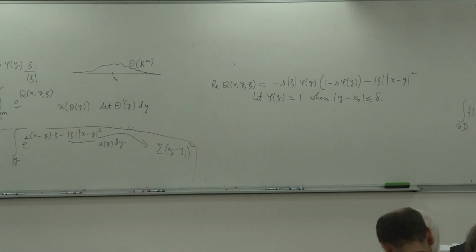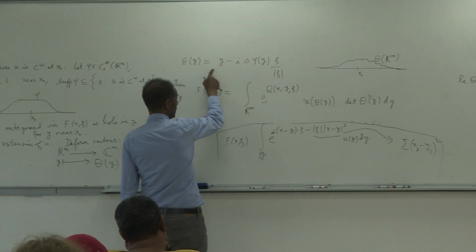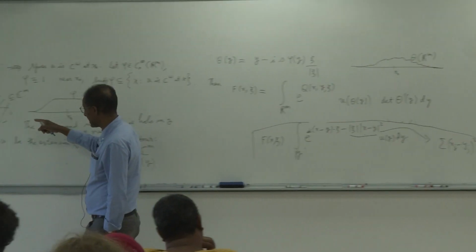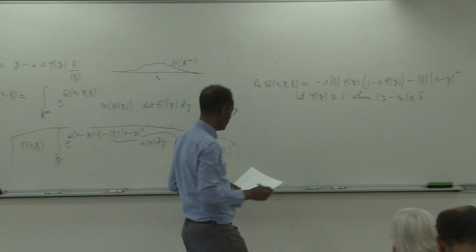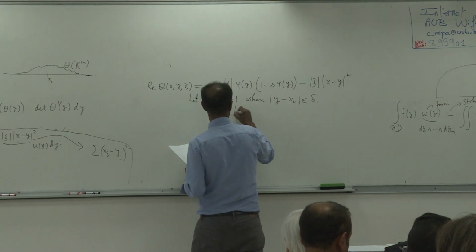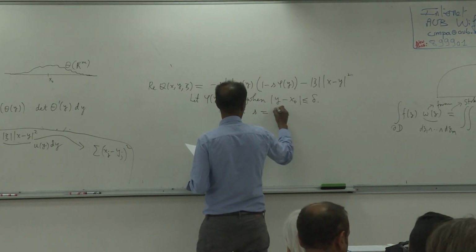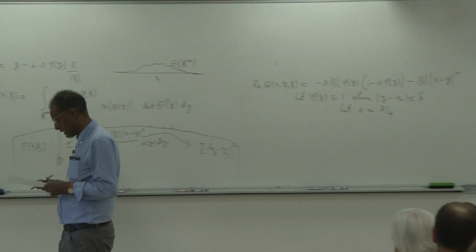S has to be small enough so that the image of theta lies inside the set where U is holomorphic. If I choose S to be delta over 4, it will do. It will be good enough, delta over 4 or anything less.